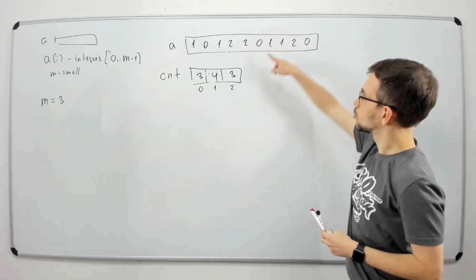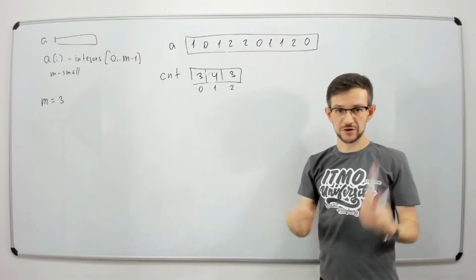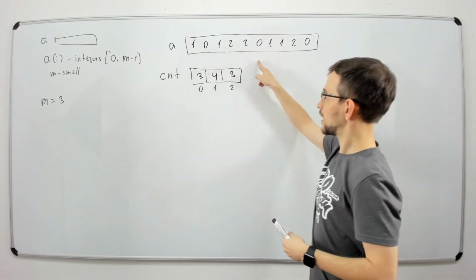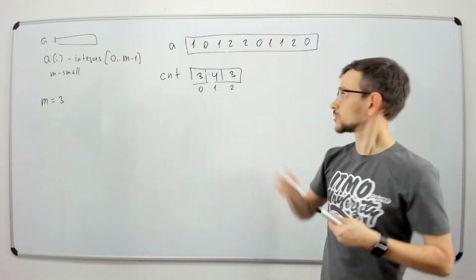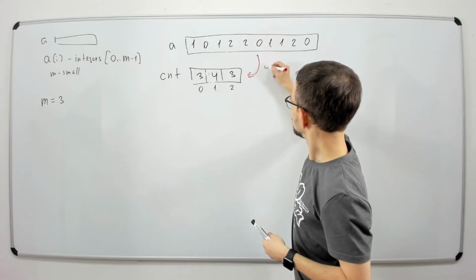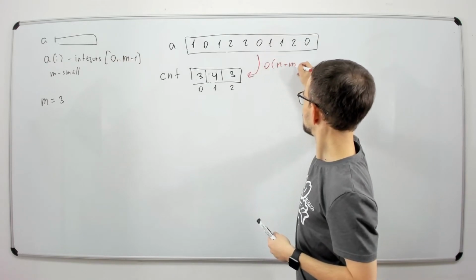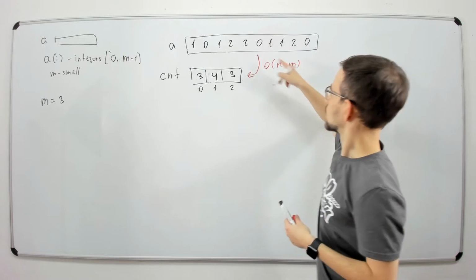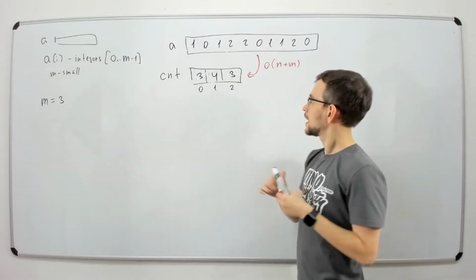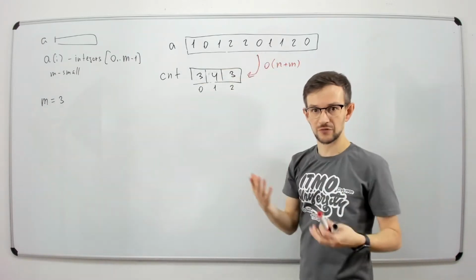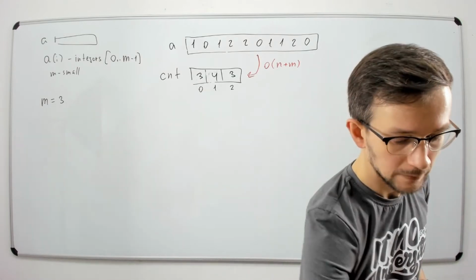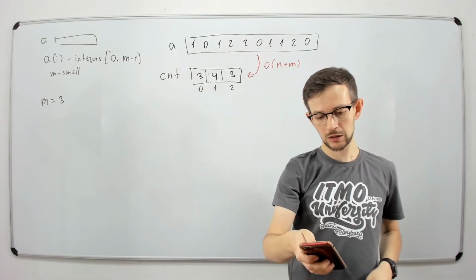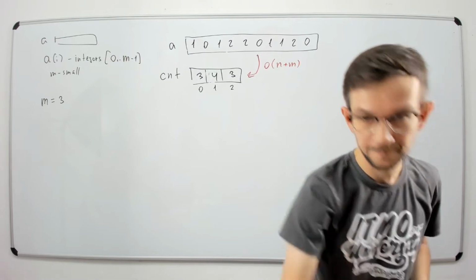So we can go from this array to this array in linear time. We just go from left to right, and each time we increment the corresponding counter. So this transformation is done in time n plus m. n is the number of elements in the array, and m is the number of different values we can have in our array. Cool.